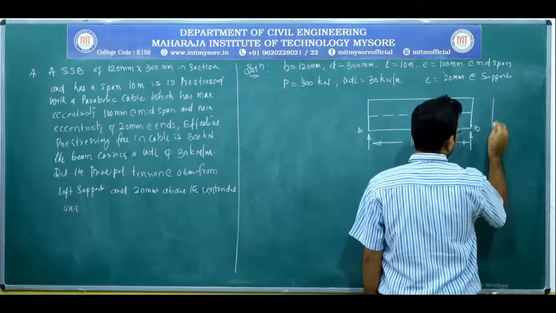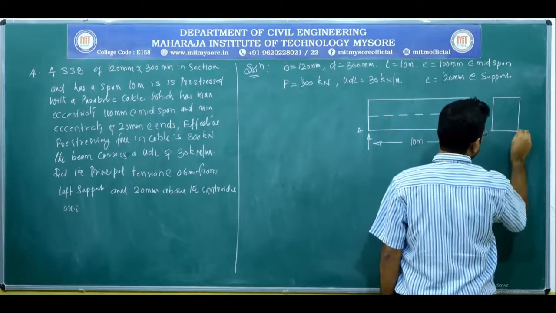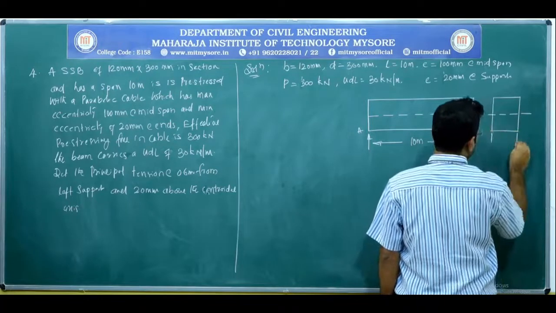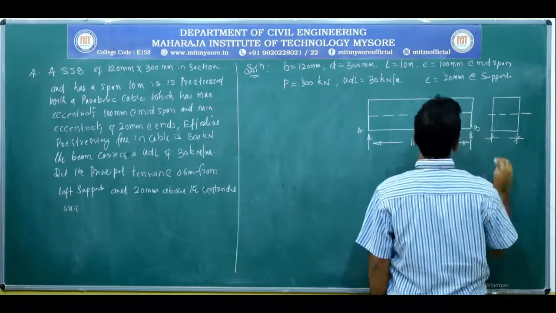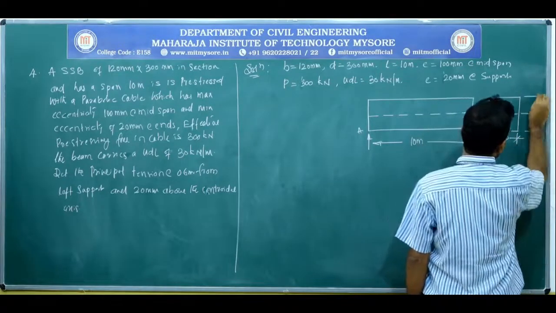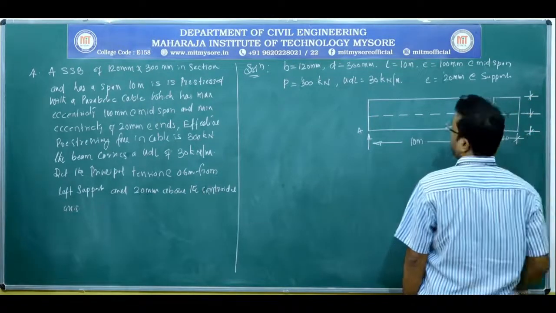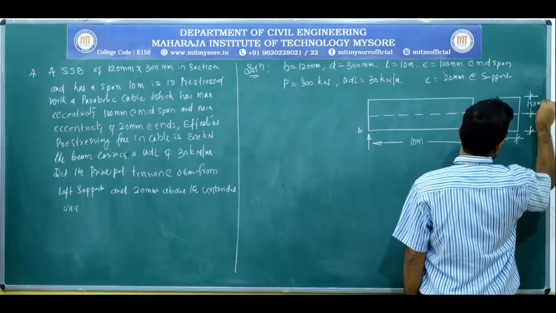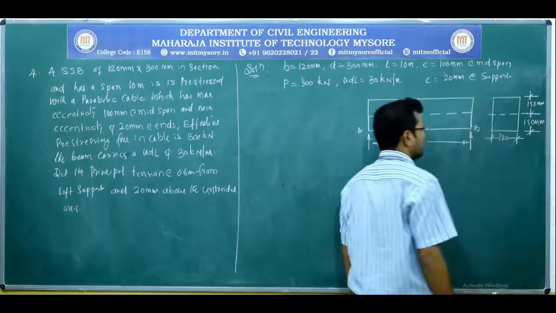So if I draw the cross section here, the cross section is something like this. The width of the beam is about how much? 120 millimeter. And the depth of the beam is about 300 millimeter. So this will be 150 millimeter and this is also 150 millimeter.